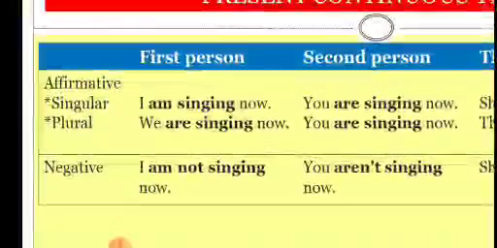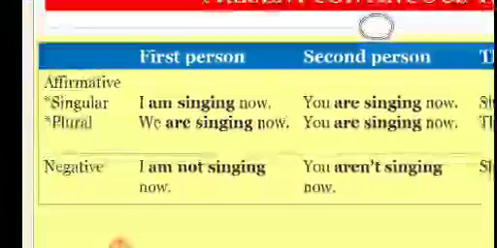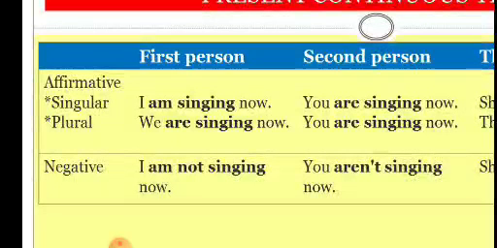So let us know more examples. Affirmative sentences. In the case of first person singular, the structure is subject plus am plus base form of verb plus ing.